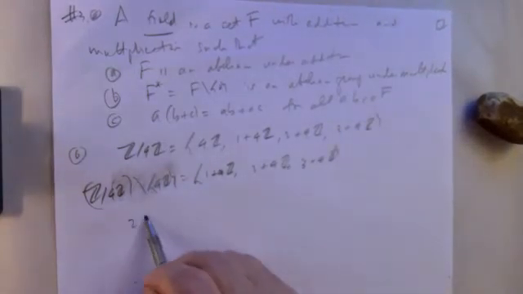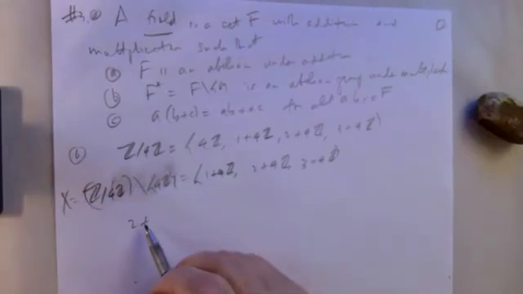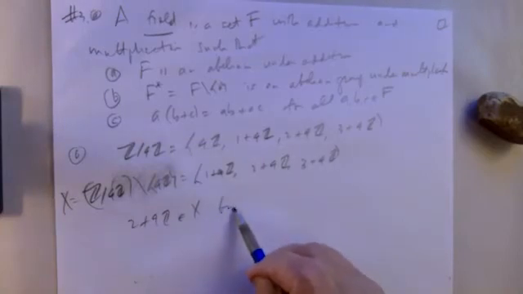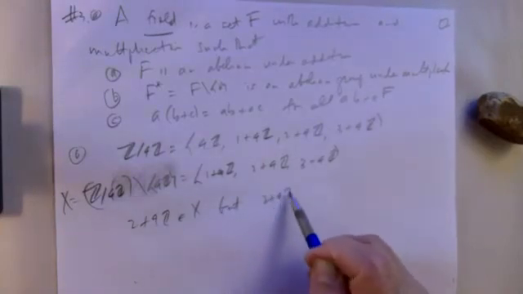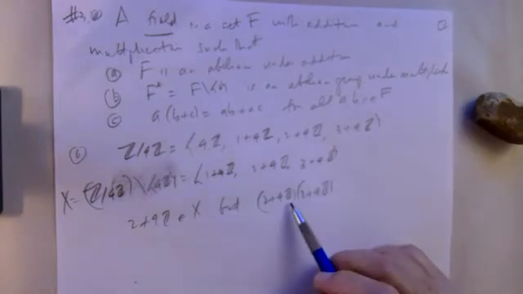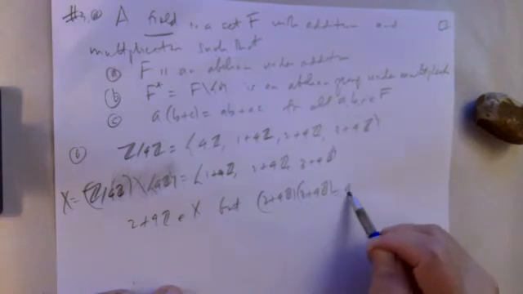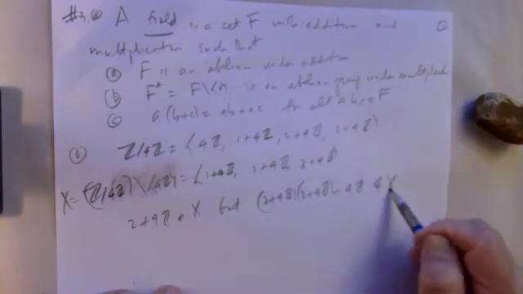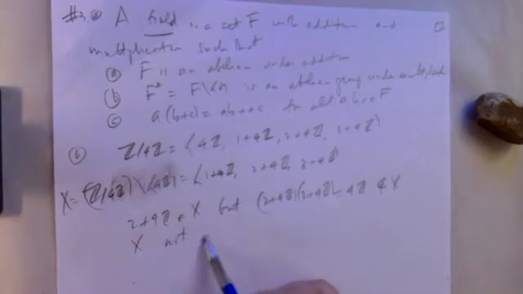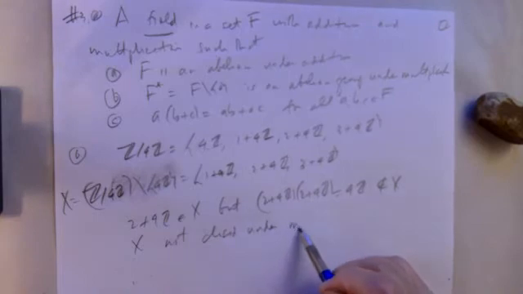Notice that, let me call this X. So 2 plus 4Z is in X, but 2 plus 4Z times 2 plus 4Z, 2 times 2 is 0 mod 4. This is 4Z, and that's not in X. So X is not closed under multiplication.